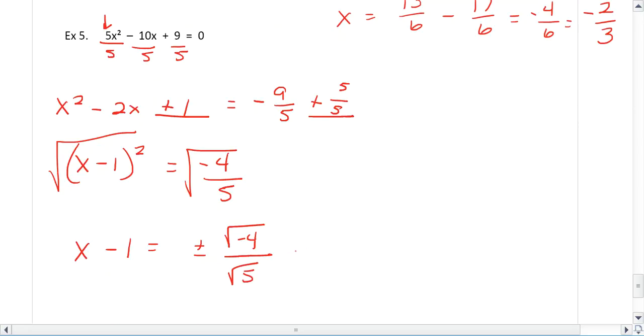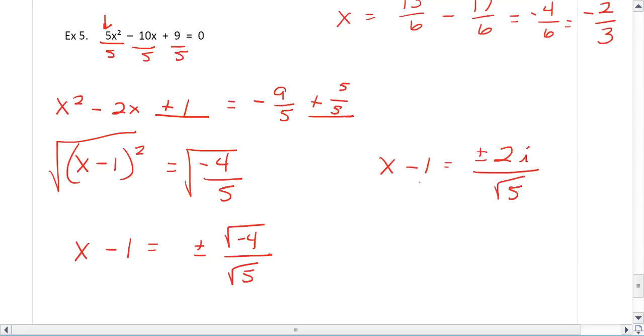Well, the 4 is a perfect square, so let's do that. So we have 2, and the square root of that negative 1 is i, and we're still over square root 5. We need to rationalize the denominator.